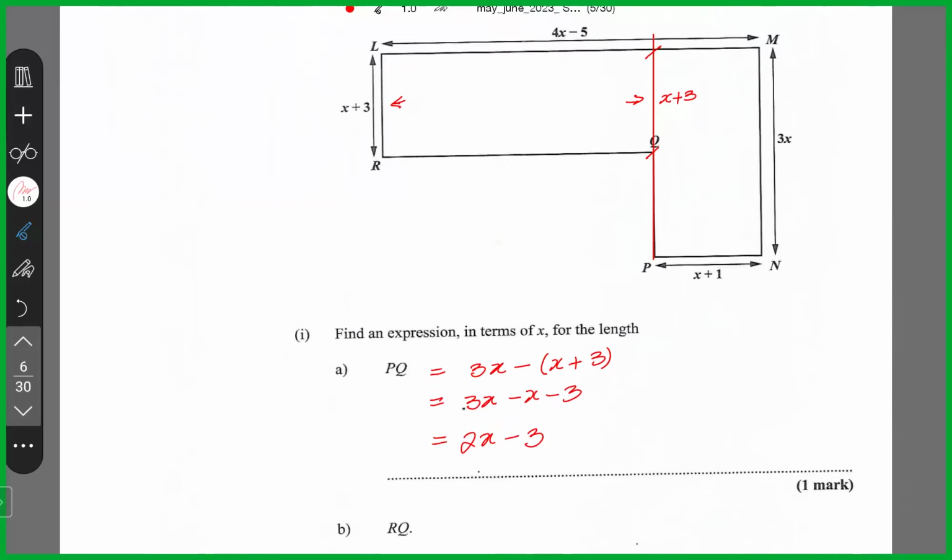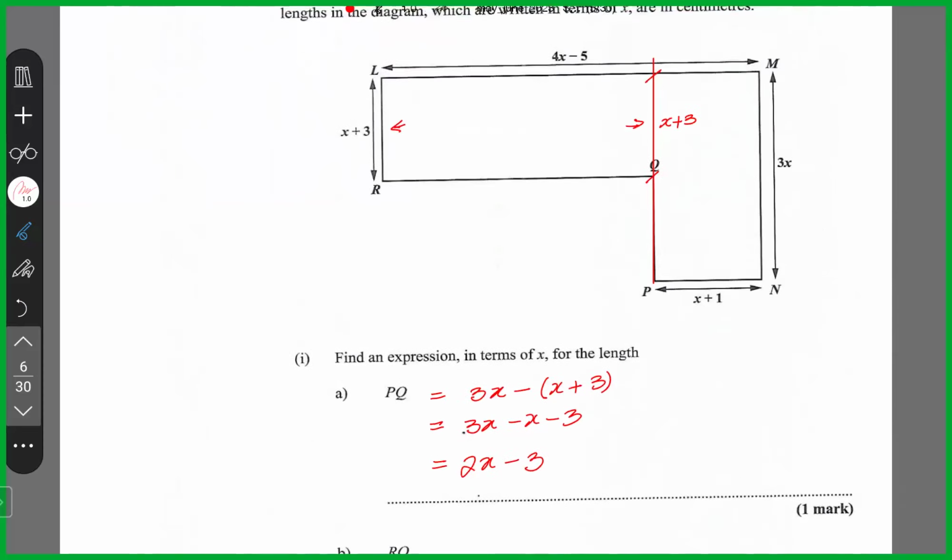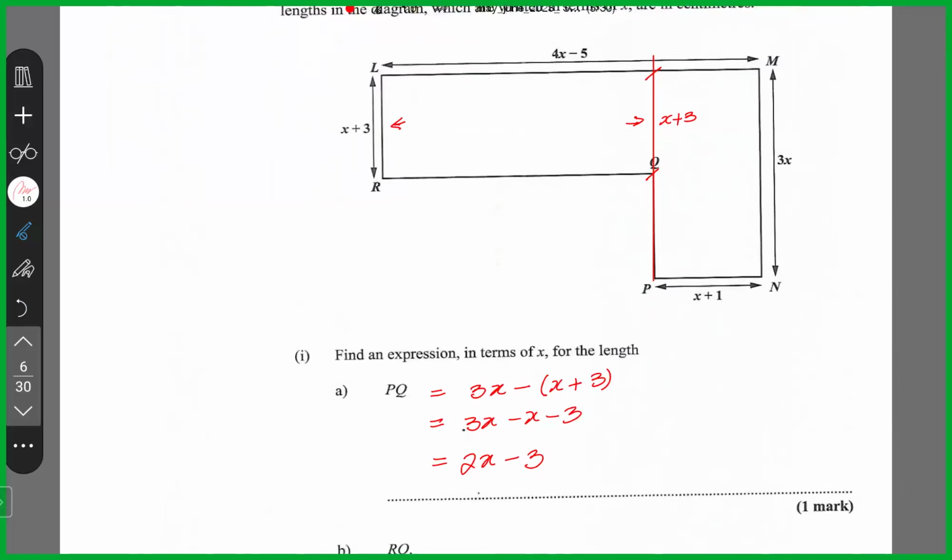Let's go for RQ. Now from R horizontally, going all the way over to the next side, which is the line MN, that entire length is 4x minus 5.